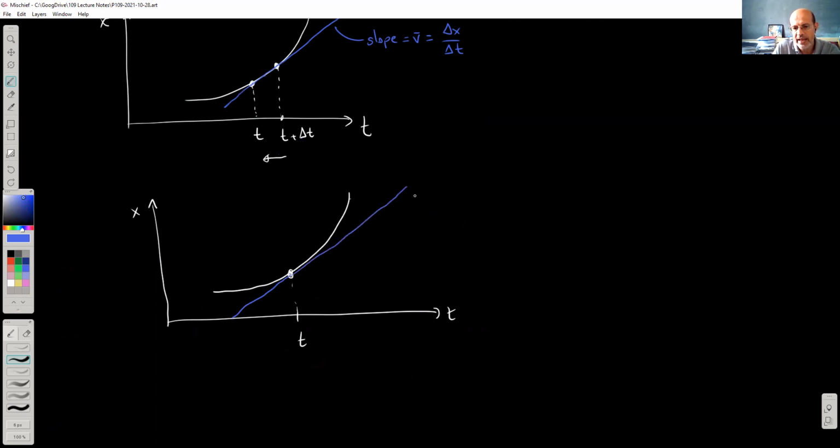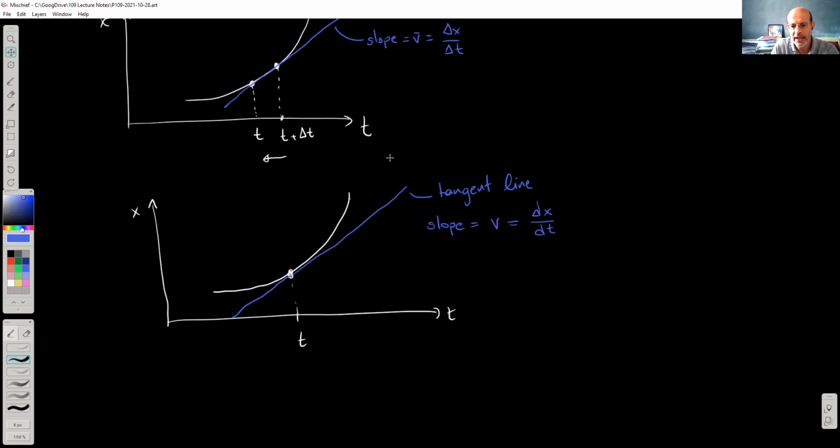So that's the tangent line. So we have a single instant of time, and on the position versus time graph, we draw the line tangent to the graph in here. And the slope of that line is the instantaneous velocity. And we have a new notation for that.